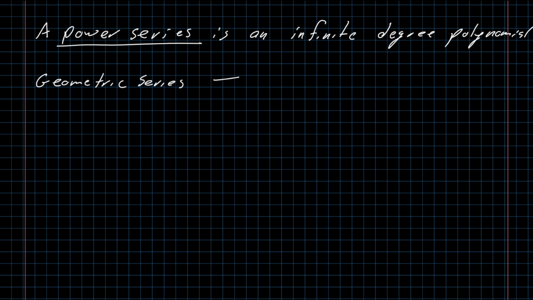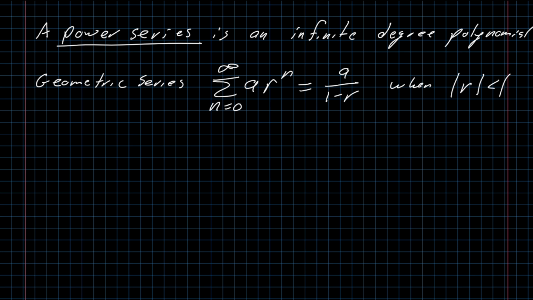The geometric series is the sum, generally, n goes from 0 to infinity of a times r to the n. And we know that the geometric series converges and becomes a over 1 minus r when r in absolute value is less than 1.